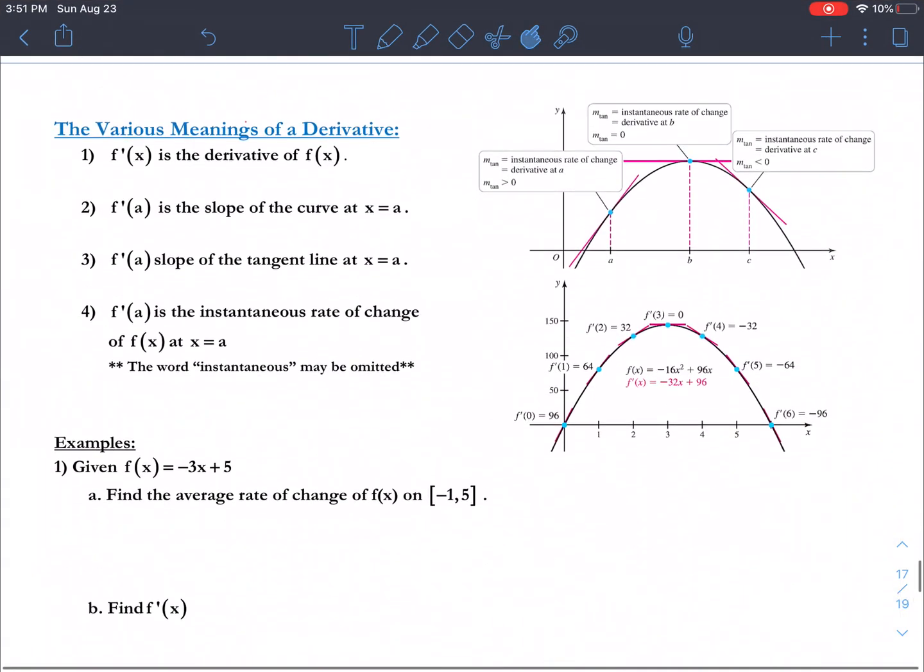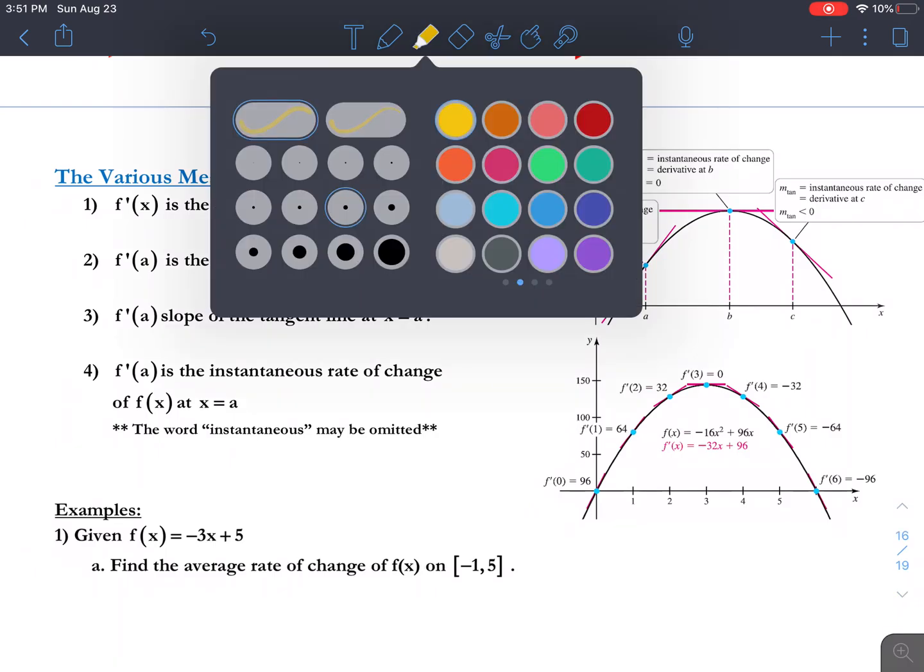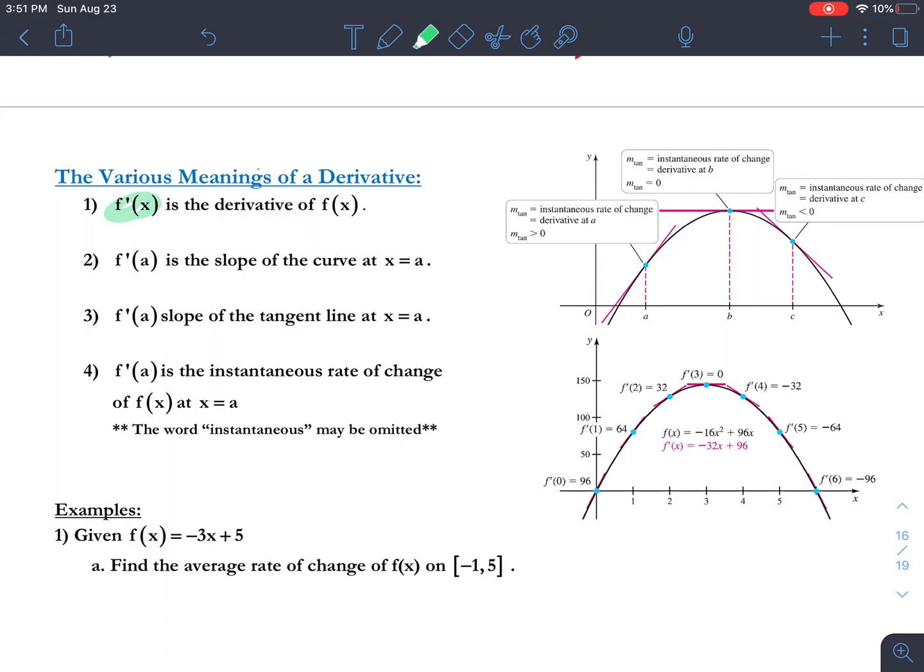One thing I want you guys to know about these different ways of saying it, and this comes up a lot, is all these things mean find the derivative, f prime, but you might see it in different ways. One way you might just say is derivative. You might hear slope of a curve at x equals a. If it says slope at a certain point, we're assuming it is that derivative.